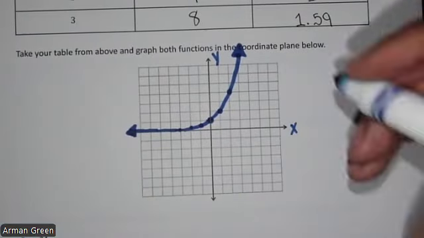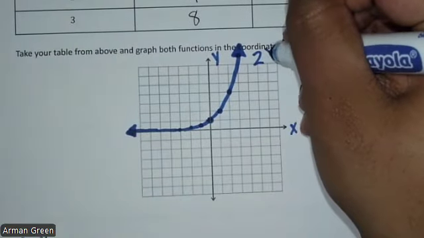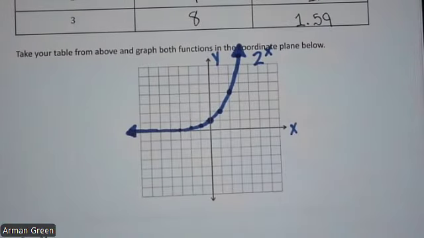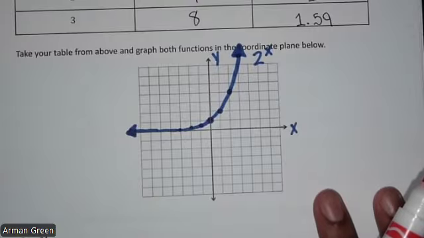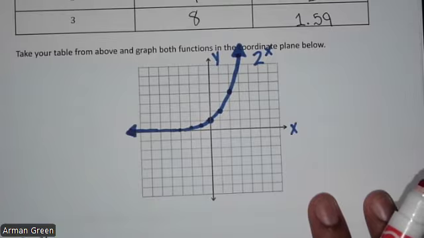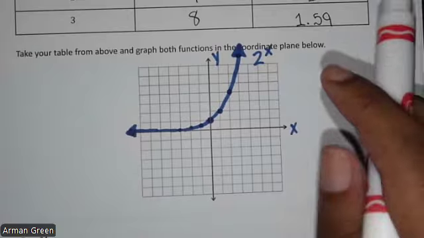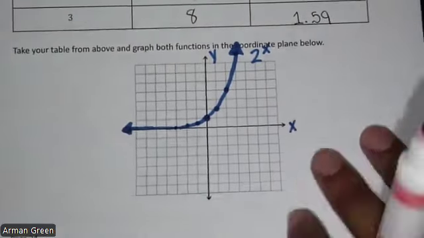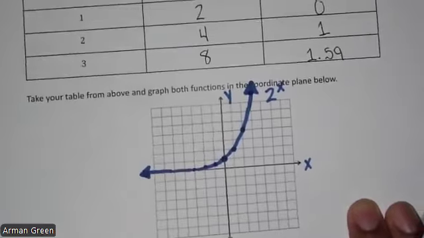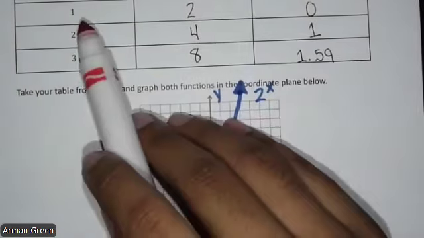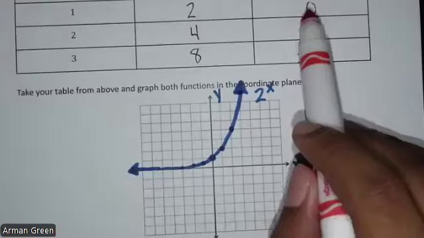All right, so this graph represents our function 2 to the power of x. So that's the first function. Now, the second function is dealing with the logarithm. Now, we don't have as many points as we did with the first function, so we'll just graph what we have. If we look at the top of our table here, it says that when our x value is equal to 1, our y value is equal to 0.